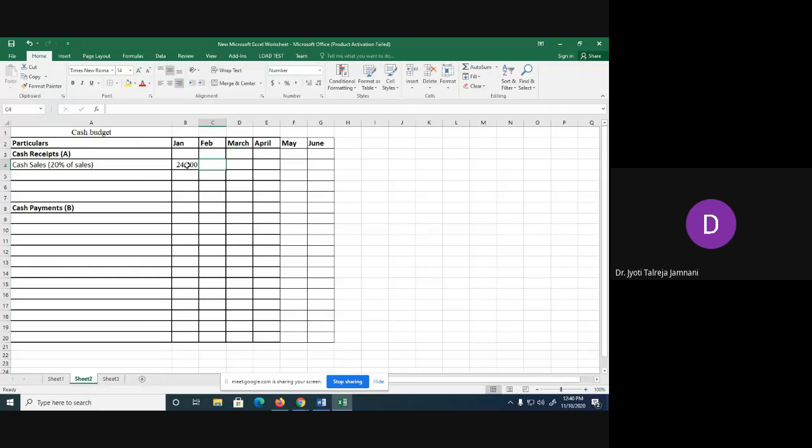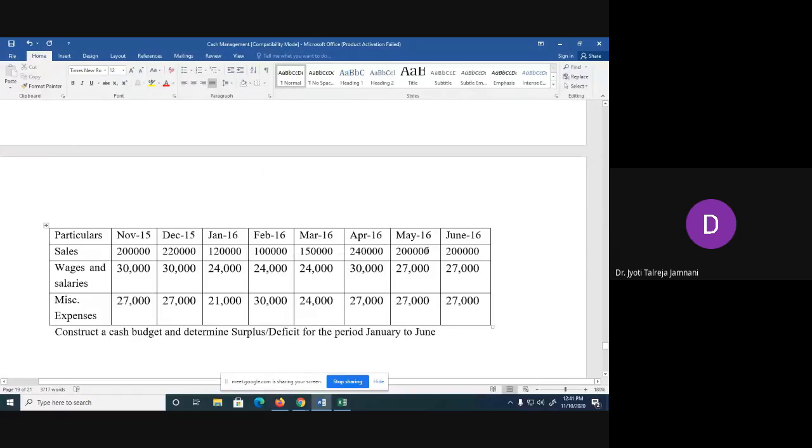Then 20% of Feb sales will be 20,000. 20% of March sales will be 30,000. 20% of April sales is 48,000. 20% of May sales is 40,000. And 20% of June sales is 40,000. Okay, so these are the value of cash sales. See here, this is sales value. So I've calculated 20% of everything.